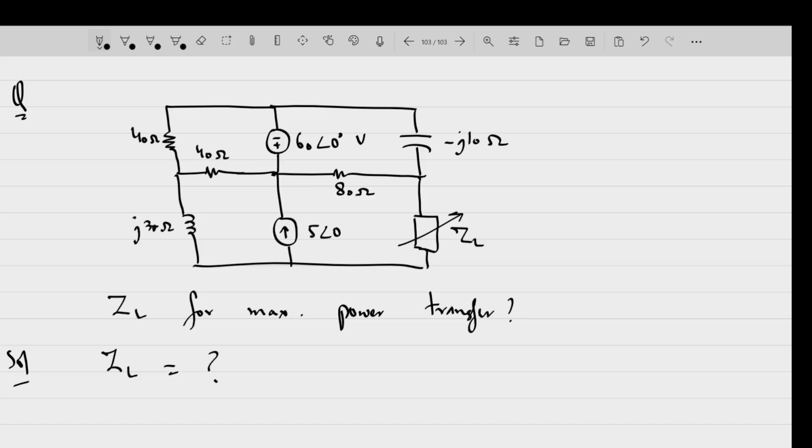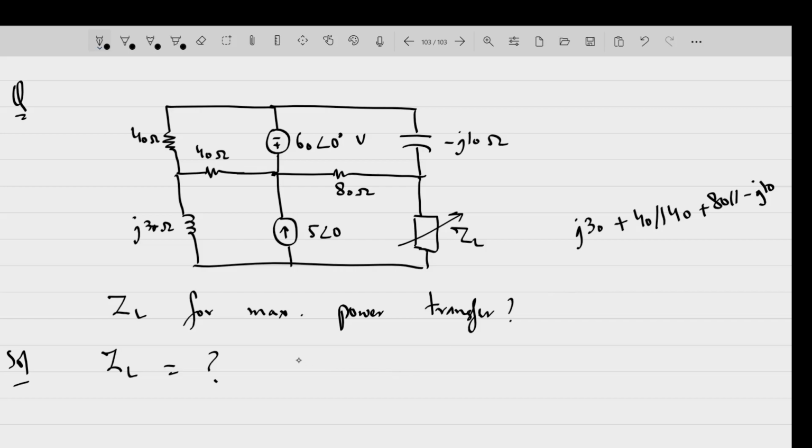Sir, 40 and 40 in parallel, and 80 and minus J10 in parallel, and in series with these, 30. Okay. J30 plus 40 parallel 40 plus 80 parallel minus J10.